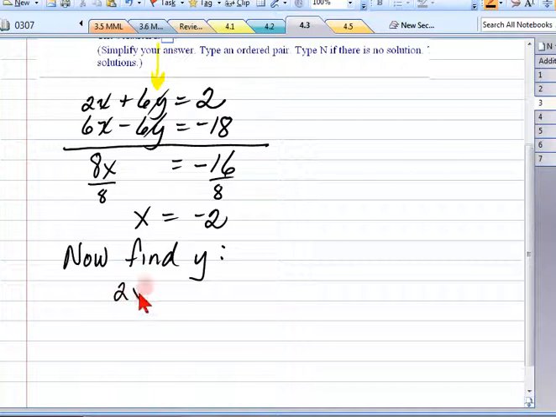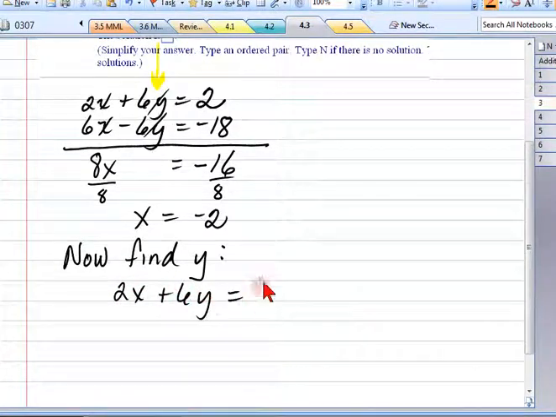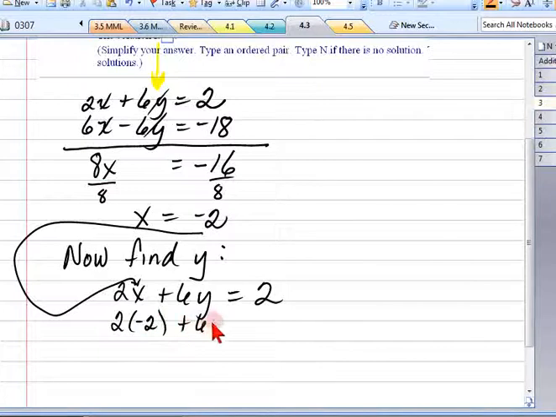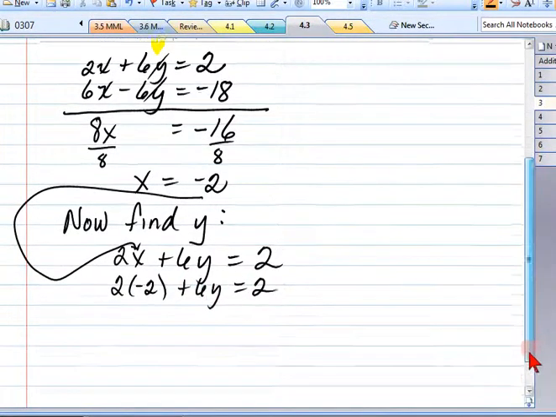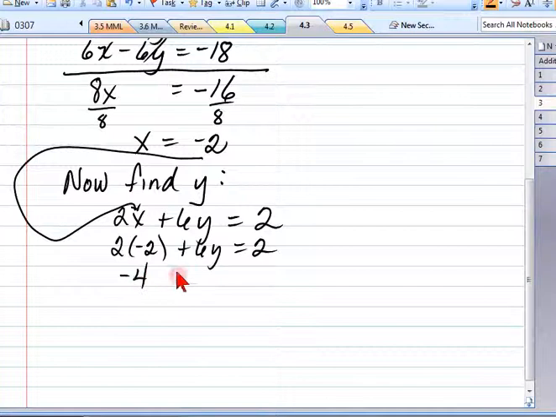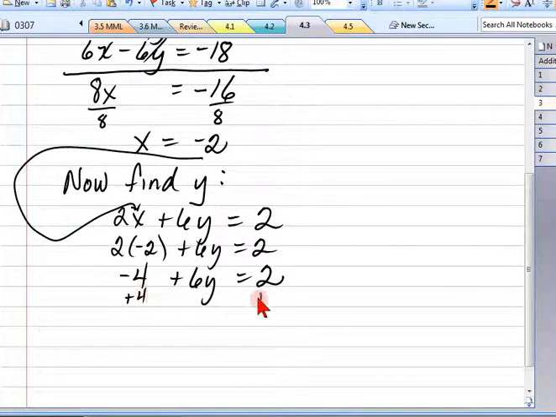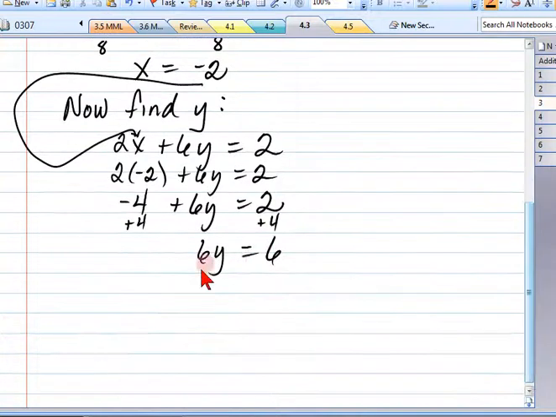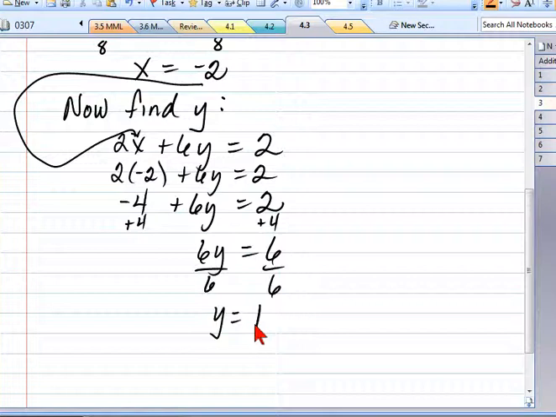So if I pick 2x plus 6y equals 2, and I plug in the value for x, I'm going to have 2 times negative 2 plus 6y is 2, negative 4 plus 6y is 2, add 4 to both sides, that gives me 6y is 6, divide by 6, and y is 1.